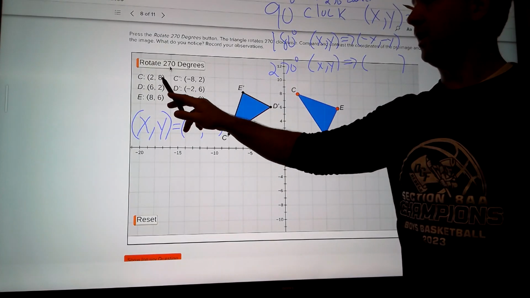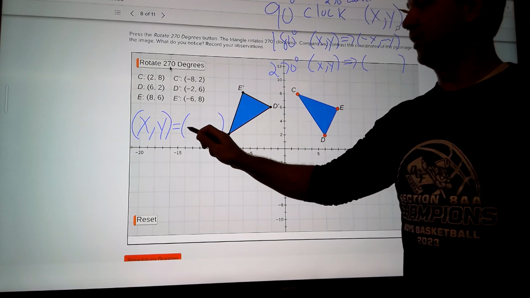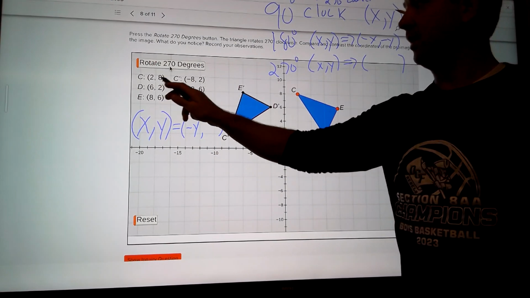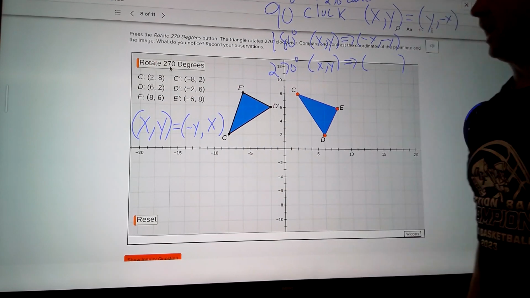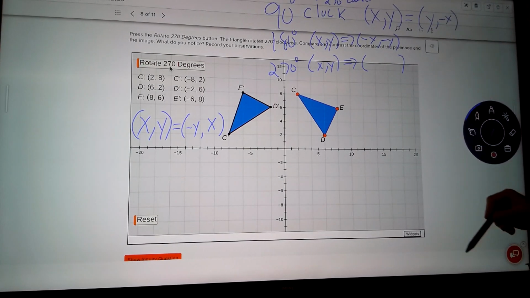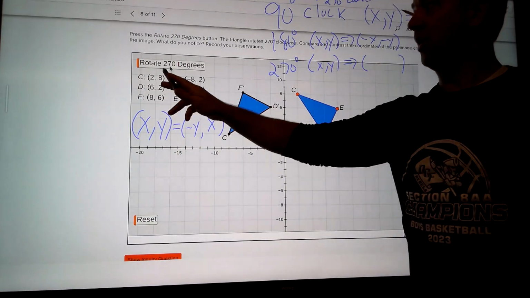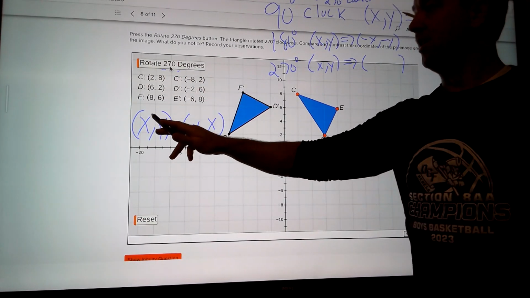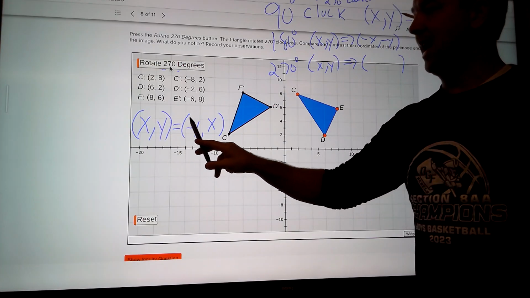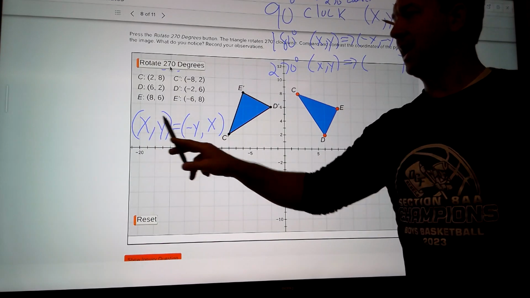My y becomes my x, but it's the opposite, so it's the opposite of y. My new y becomes the original x, which is basically the exact opposite of this one, right? So again, when you do a 270 degree clockwise, your new x is the opposite of what y was, and your y becomes what your x was.